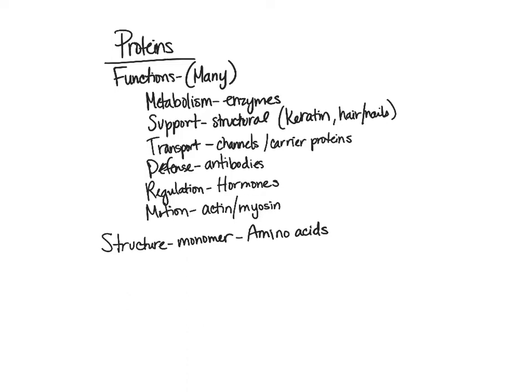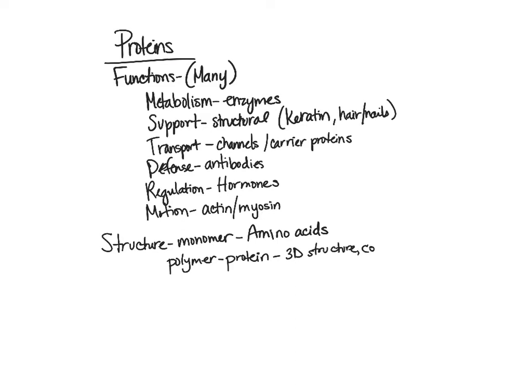So we'll take a closer look at the amino acids and what comprises an amino acid and the different types of amino acids. And then when we have our amino acids together, when we talk about our polymer, what we're talking about then is the completed protein. So for proteins, the polymer itself is a protein. And this is our three-dimensional structure.